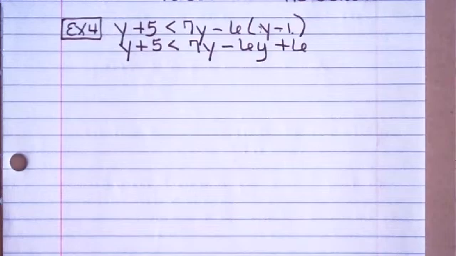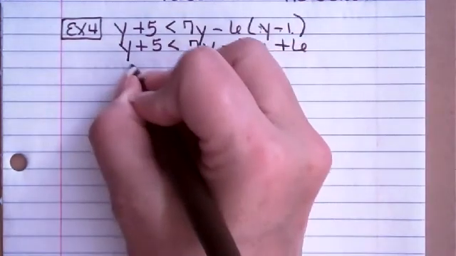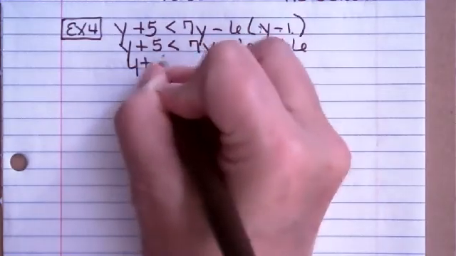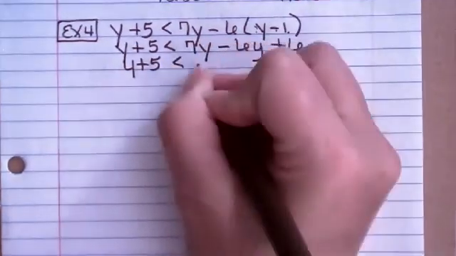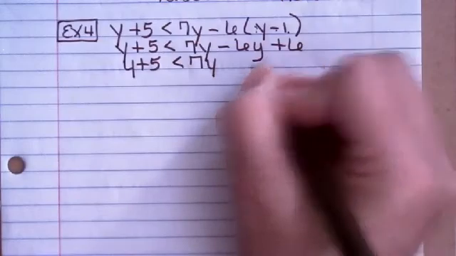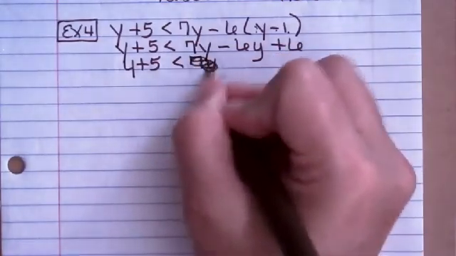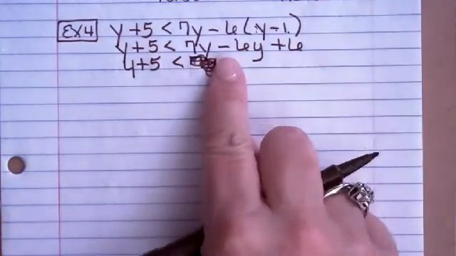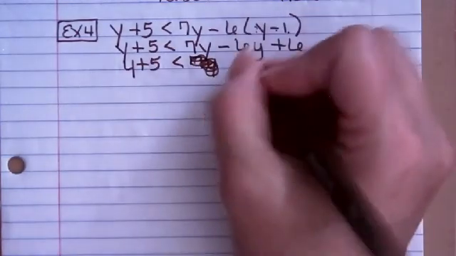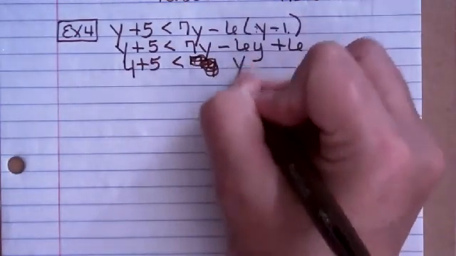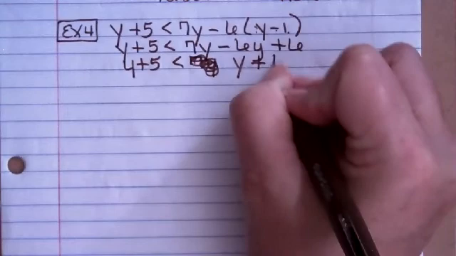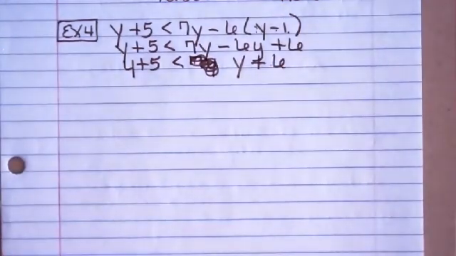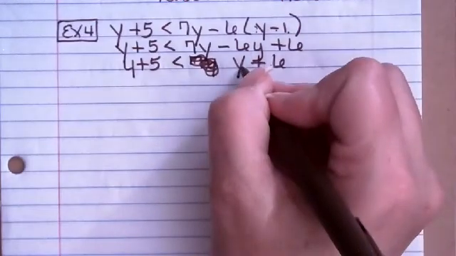So what I'm going to do right here is 7y minus 6y, which is what? 1y, right? Plus 6.